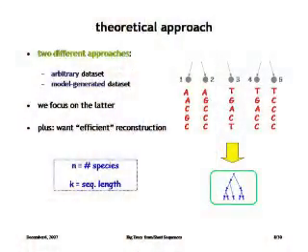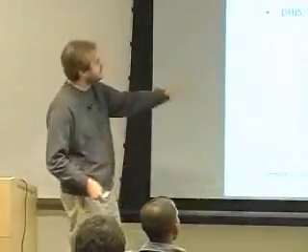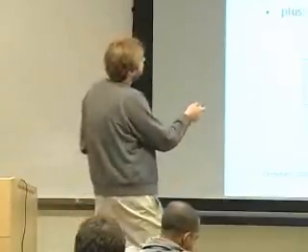Okay, I want to emphasize one point, which is that there are really 2 different general approaches that you could take for a problem like this. One is you could consider arbitrary data sets and ask what happens on arbitrary data sets. The NP-hardness result for maximum likelihood is of this type: if you give an arbitrary data set, how much time does it take to find the maximum likelihood tree? Whereas what we do is different.